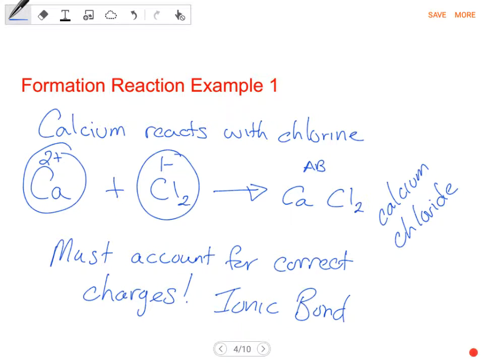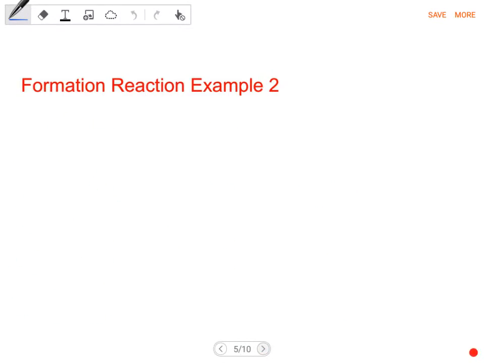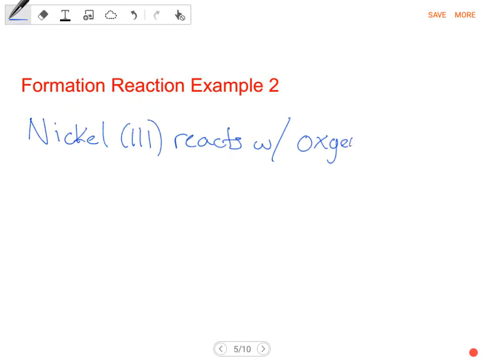Okay, we can try another one. There really is no end to this. Let's try nickel 3 reacts with, that's the with symbol, oxygen gas. We haven't talked about the states yet, but we'll get there.